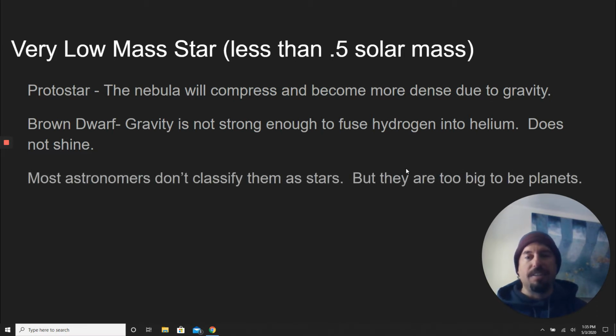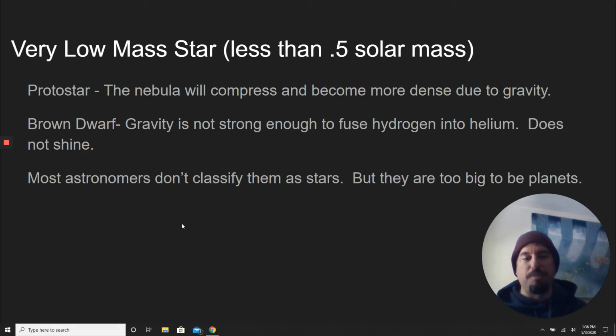Because these stars do not shine, most astronomers don't classify them as stars, because fusion is not happening. If you recall back to our first week, my definition of a star was that it fuses hydrogen into helium. So by that definition, brown dwarfs would not be stars.